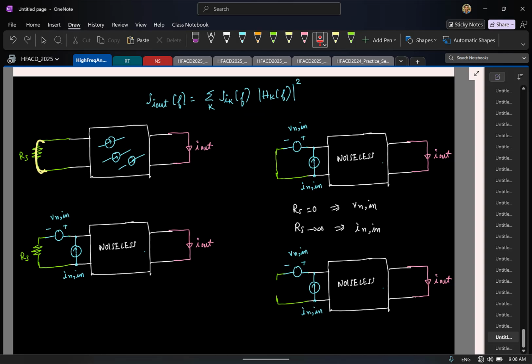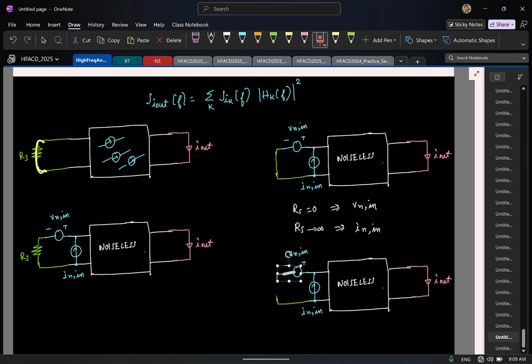And the idea is, our model should exactly capture this noise. So equate the noise current power spectral density in the actual network and the model here. And in this network, you can find the power spectral density this way. In this network, the only noise element is this. So the output power spectral density is the power spectral density at the input times the transfer function you have from the input to the output.